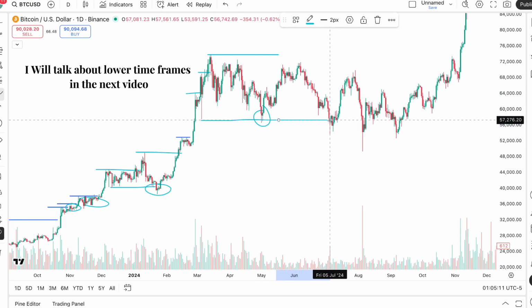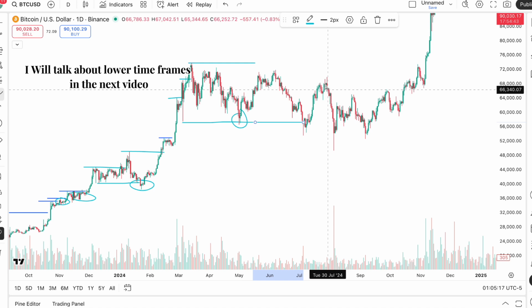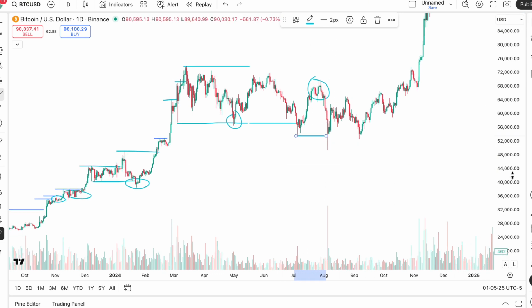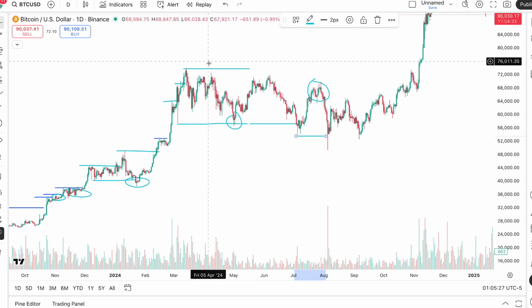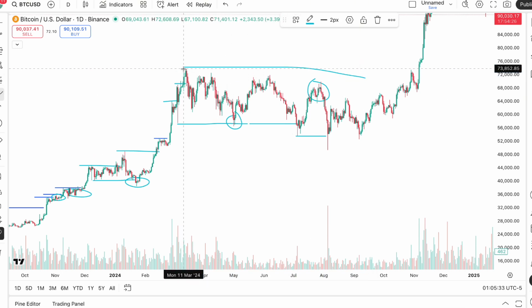But then the market starts shifting slightly, so you could have taken a short position here, targeting these lows. But this is a bullish flag as well. But that's just a bullish pattern.